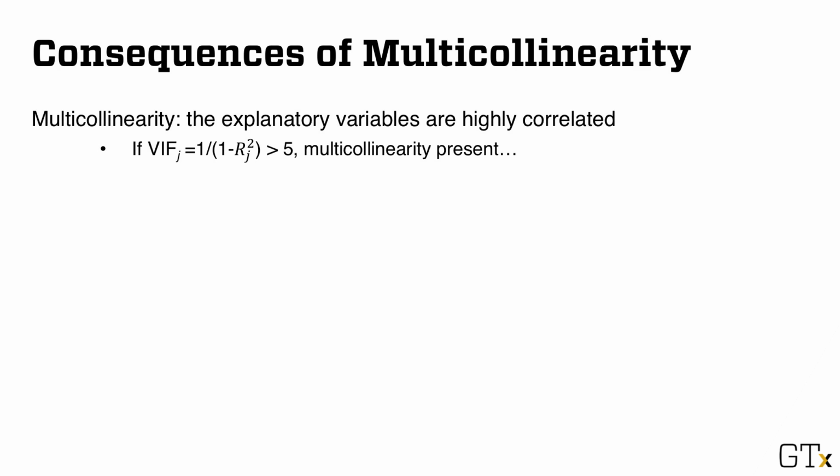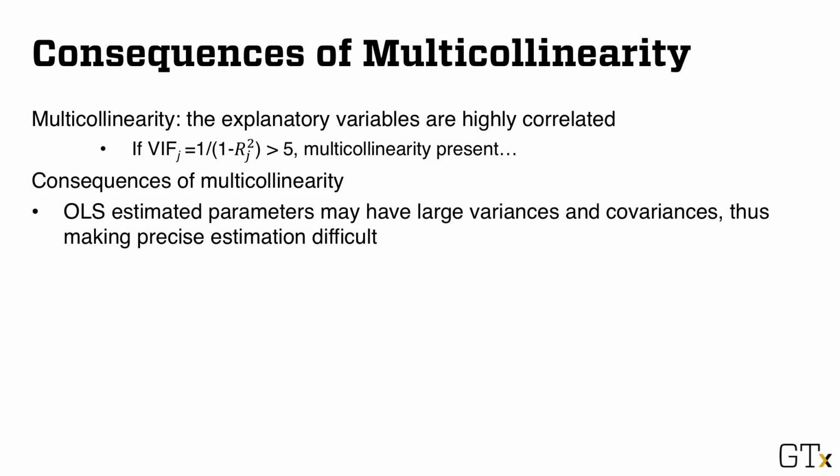So, consequences of multicollinearity in regression. If you have multicollinearity, that is if the VIF is greater than 5 as a rule of thumb, you could have several consequences. One is ordinary least squares estimated parameters may have large variances and covariances, thus making precision estimation difficult.